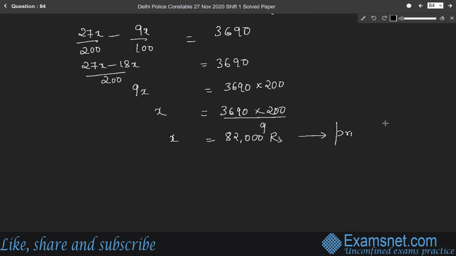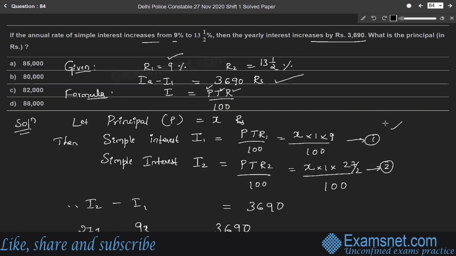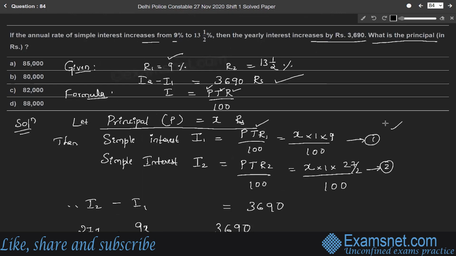The principal amount. In the solution part, we took principal P as x rupees. Therefore, the principal amount in rupees is 82,000. Therefore, option C is the right answer.